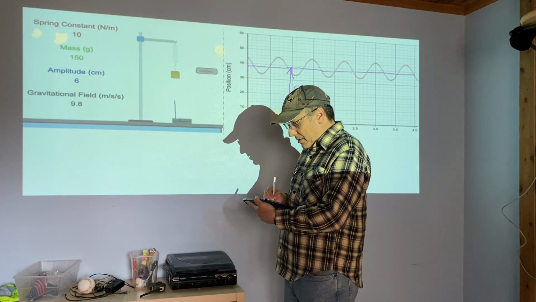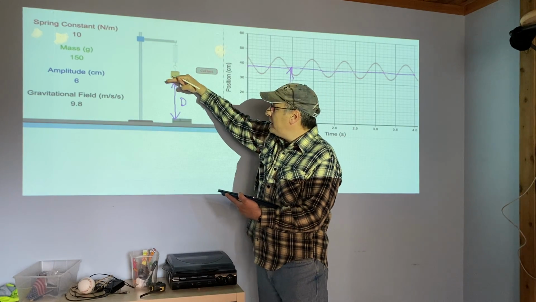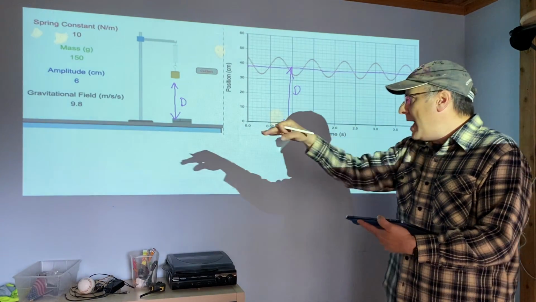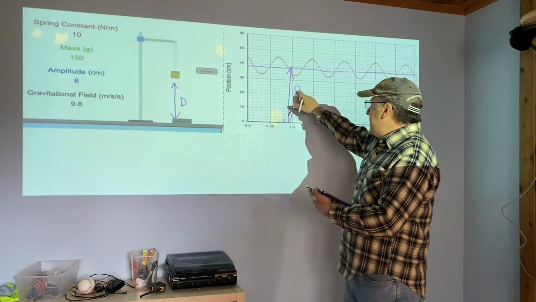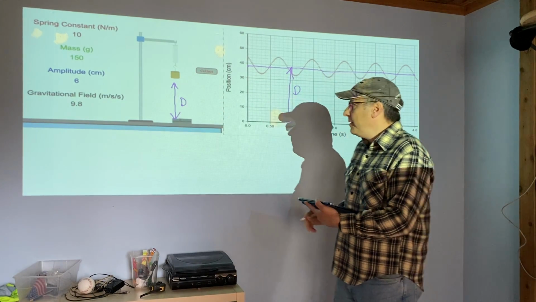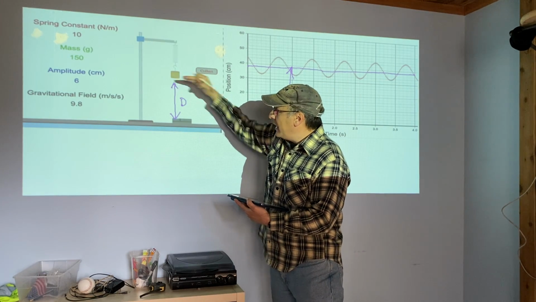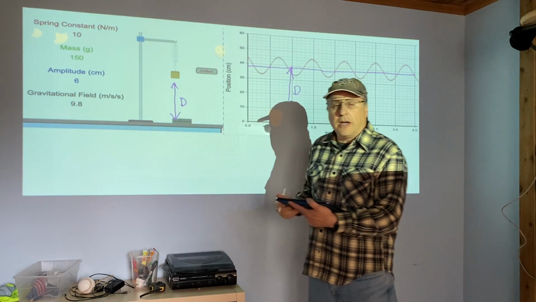Well, that D will be the distance to my mass when the mass is halfway through its cycle, right at the middle. So D on the sine curve, D in real life, measures how far it is from my range finder to the center of oscillation, the spot where this mass would eventually come to rest.